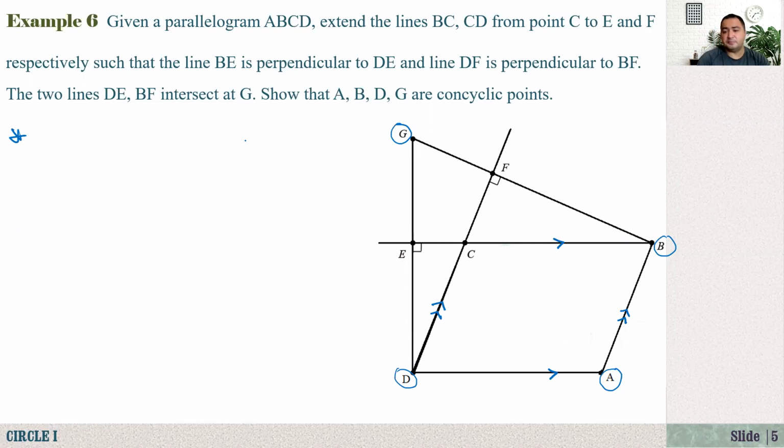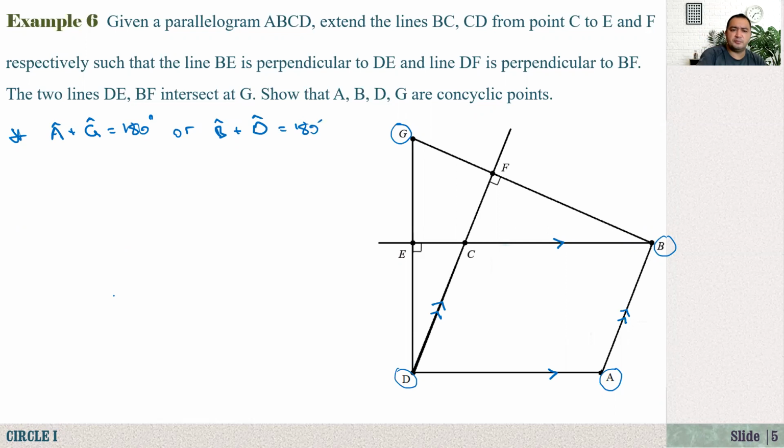So I have to show that either angle A plus angle G is equal to 180 degrees, or that big angle B plus angle D is equal to 180 degrees.